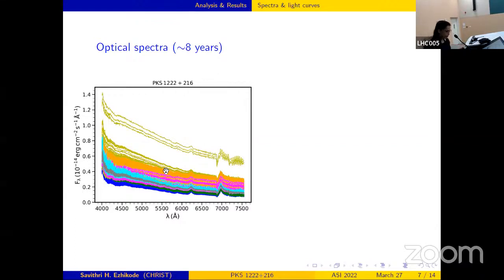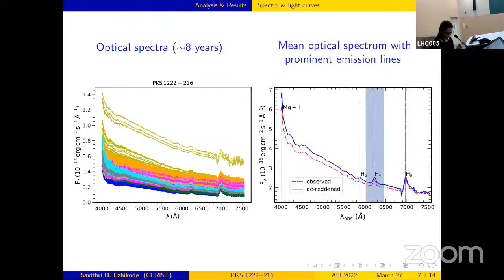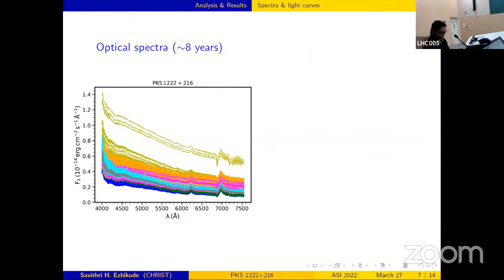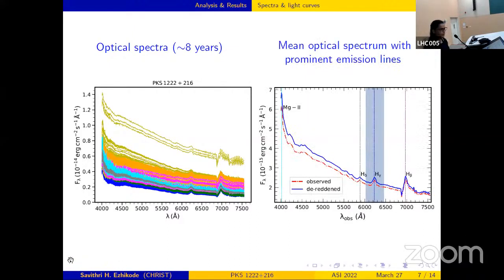To identify the strong emission lines in the source, we plotted a mean spectrum from these observations, and this is the mean optical spectrum for the source. The red line is the observed spectrum, whereas the blue line is the de-redshifted spectrum.